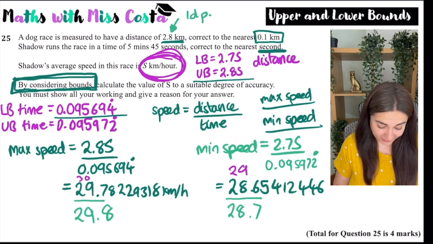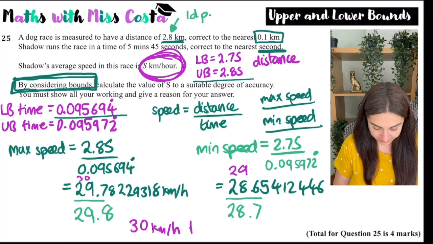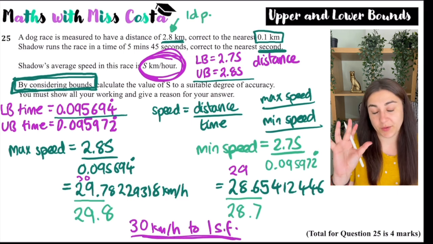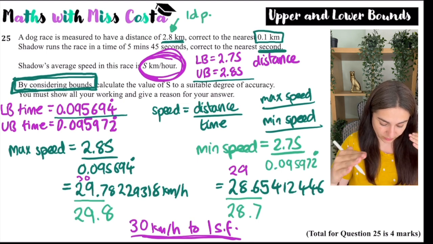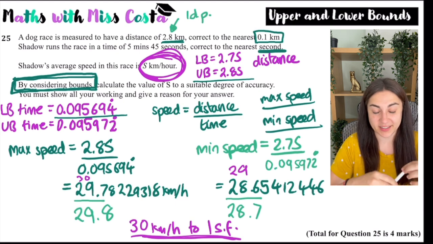So I'd have to actually round it to 1 significant figure. So I'd say 30 kilometers per hour to 1 significant figure. And if you had the other 2 values, you would have just got 2 values that are in between, and you would have come to a similar conclusion. But that is how we do bounds.